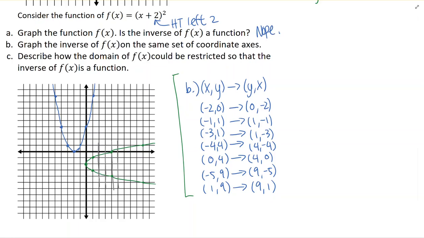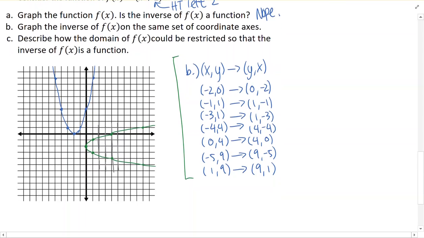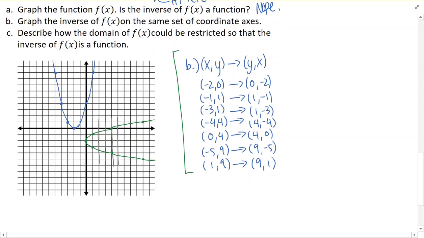So one thing that you'll actually note is that for A, we could have figured out if the inverse was a function without having to actually draw it out. What you would use there is something called a horizontal line test. So I'm just going to write a note here.